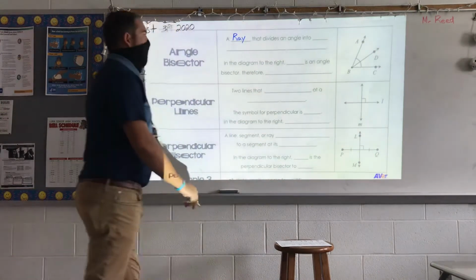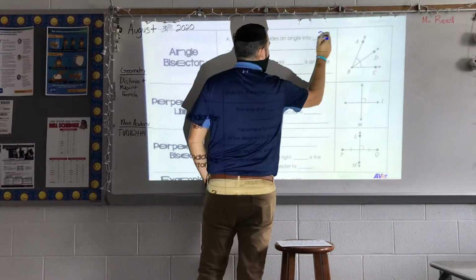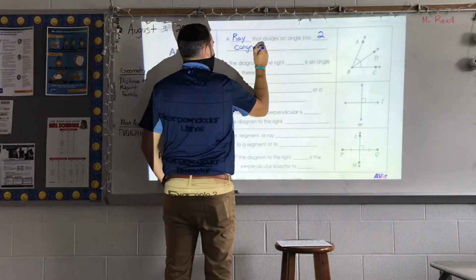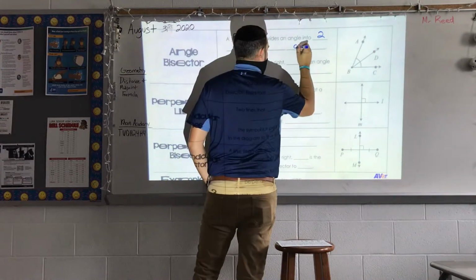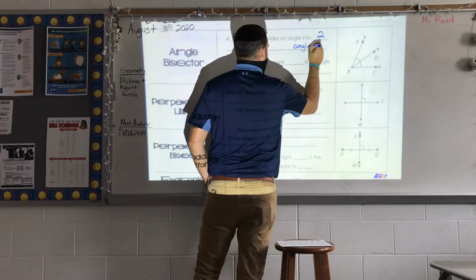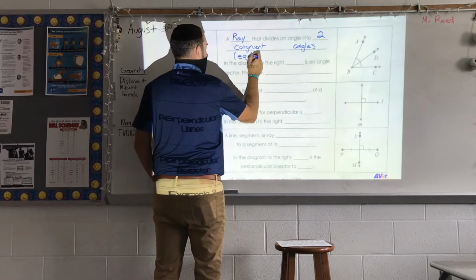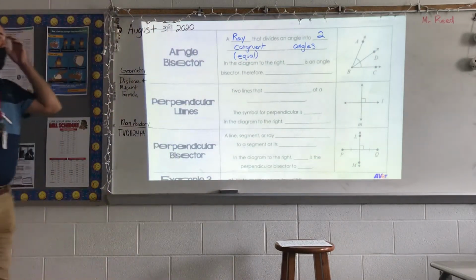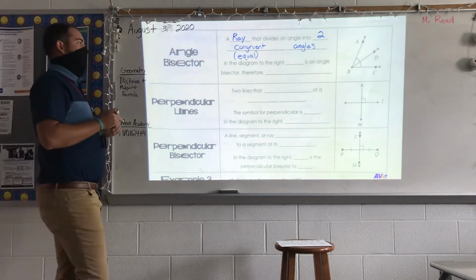So a ray that divides an angle into two congruent, what's another word for congruent? If something's the same, in math we call them equal. Okay. So an angle bisector is a ray that divides an angle into two congruent or equal angles.